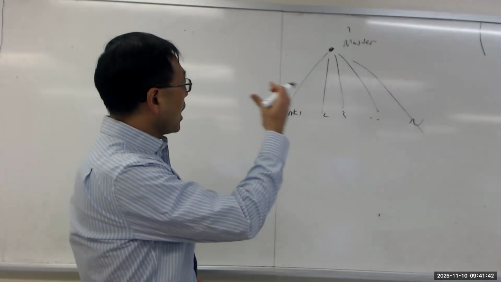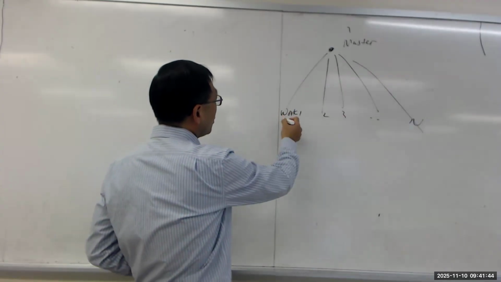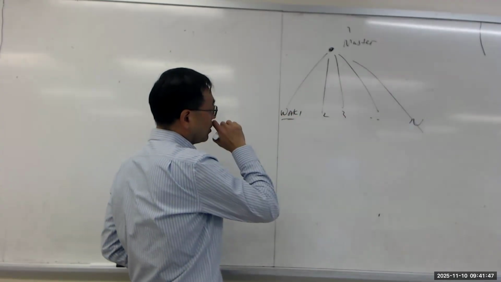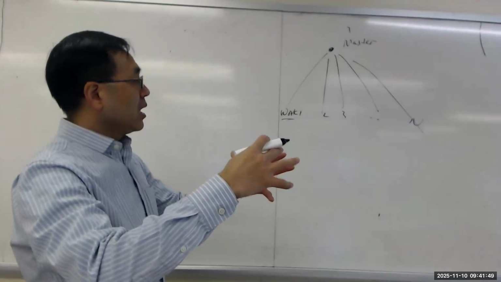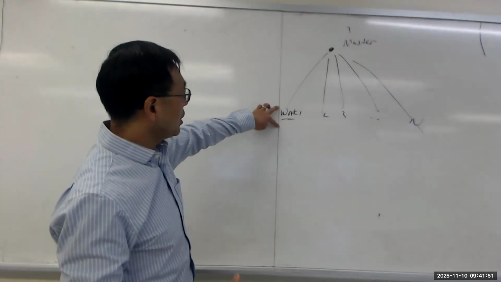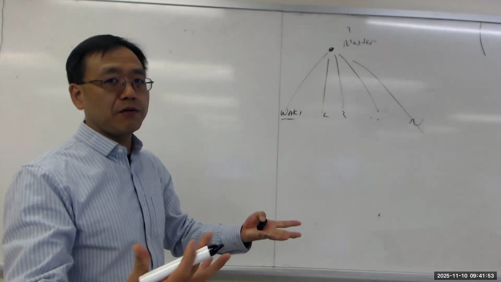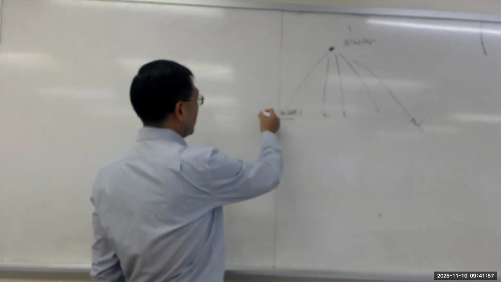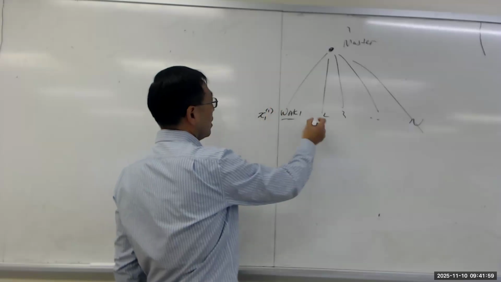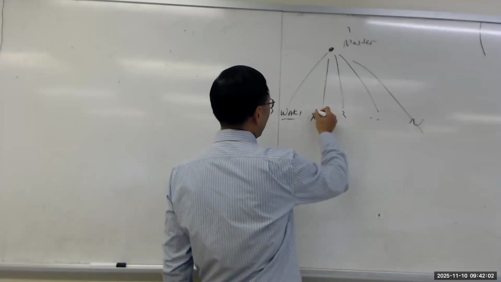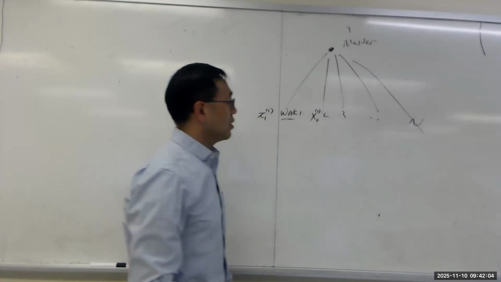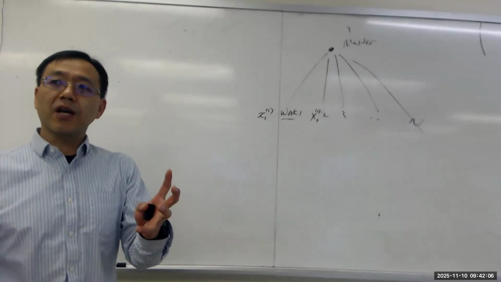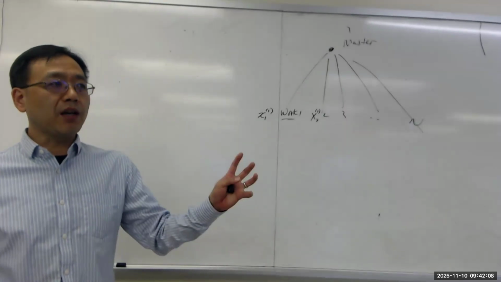You can do this by regression, fitting the data locally for each processor. So you have your x1 1, x2 1, and so on. This is your local estimation for each segment of data.